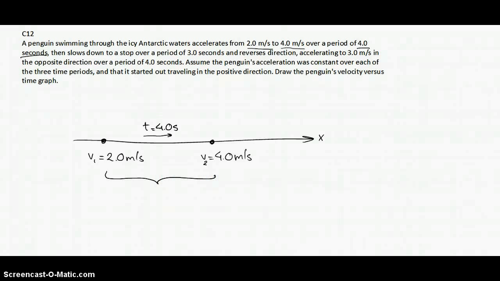What happens then? Then the penguin slows down to a stop. So from this point, the penguin slows down to a stop, which means it reaches another point where its velocity is 0.